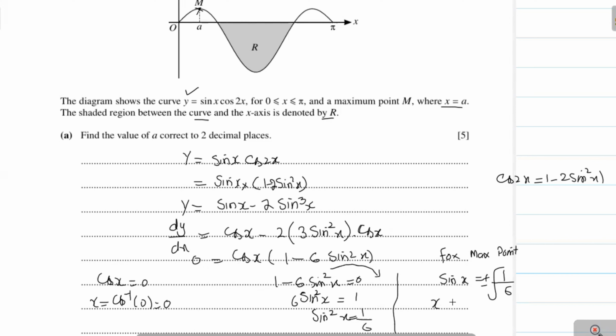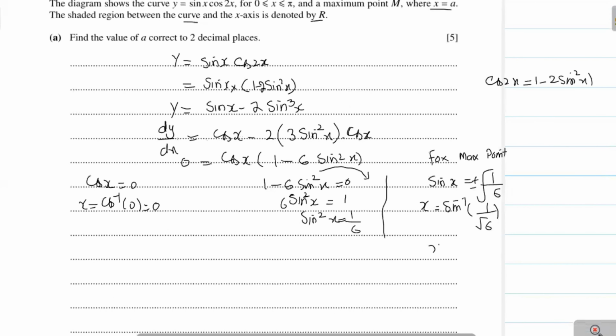This will be equal to x equal to sin inverse 1 over square root 6, and this value equals 0.42. The next value is x equal to sin inverse minus 1 over square root 6. But we take the acute value, this will be equal to alpha equal to 0.42.